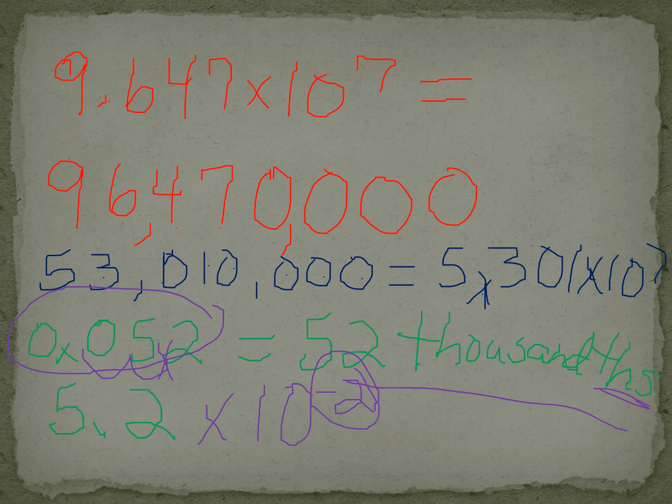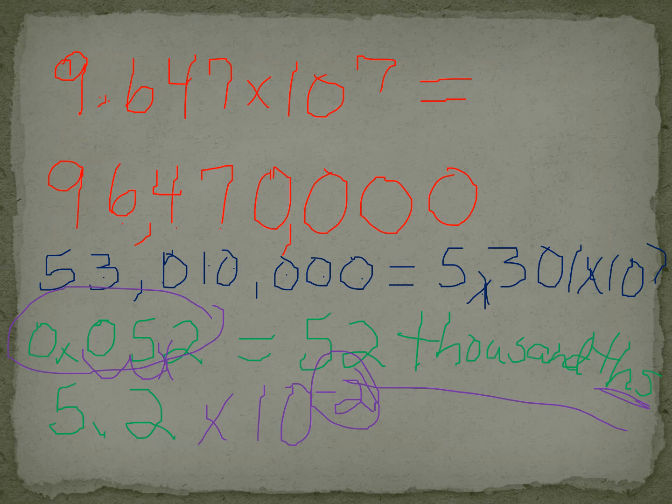Okay, 1, 2, 3. 1, 2, 3, 4, 5, 6, 7. So here should be my number: 96,470,000.